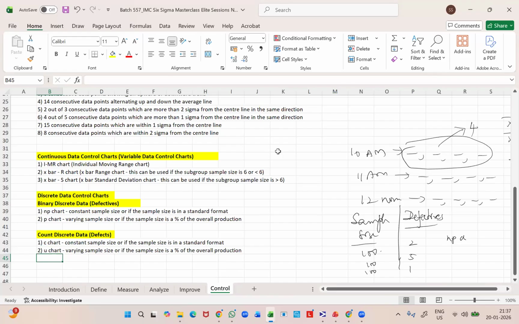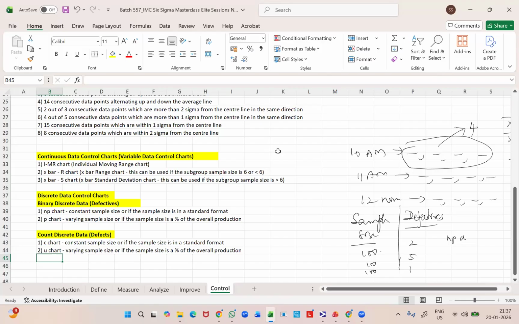As part of the black belt curriculum, we will be looking at the exercises under testing of hypothesis. We will be looking at exercises under correlation and regression analysis on the 11th day. And on the final day, we'll be looking at a concept called design of experiments under improve phase, and we'll be working out an exercise under design of experiments.